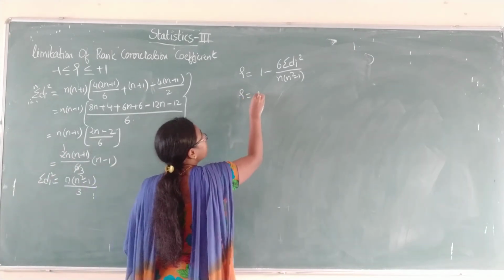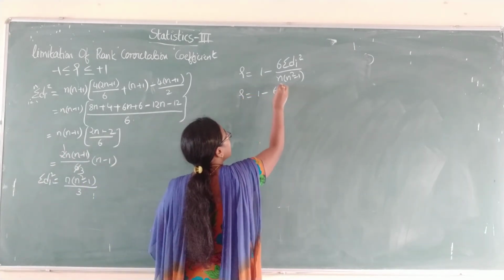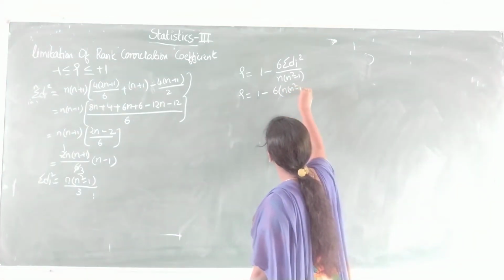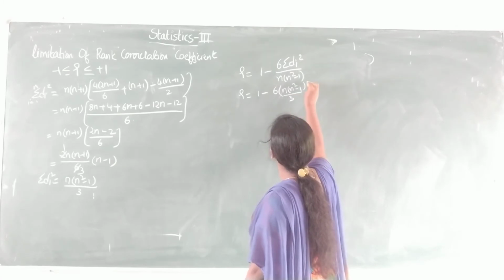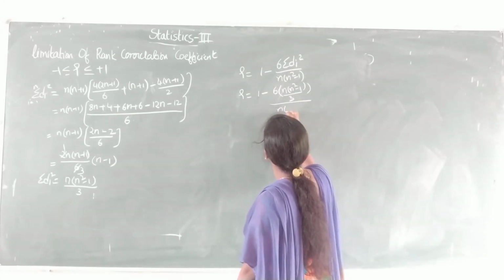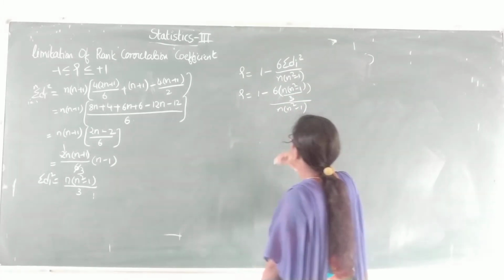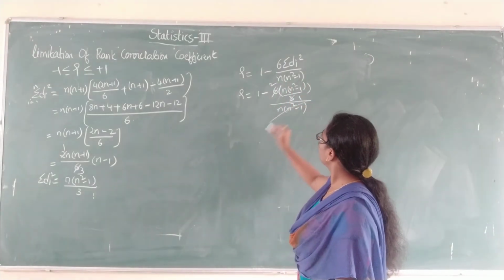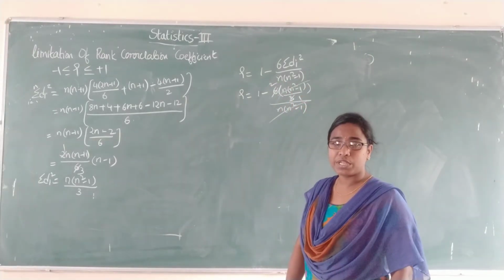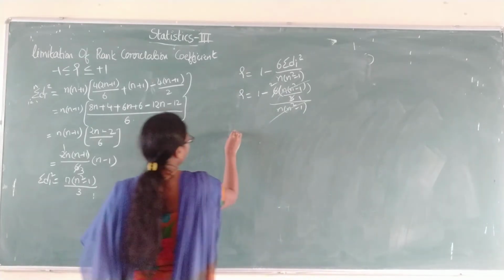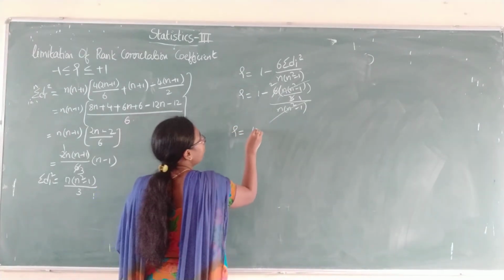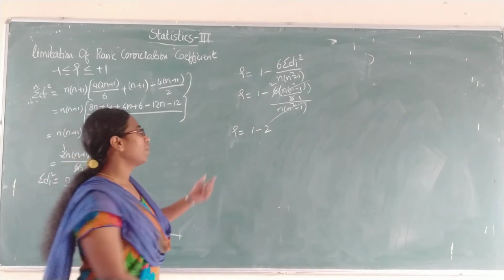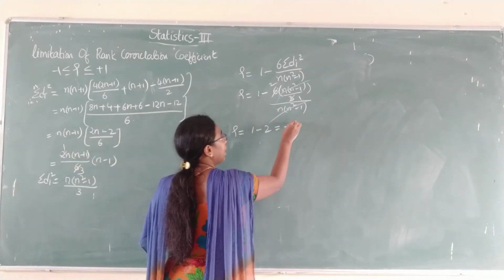Rho equals 1 minus 6 into, n into n square minus 1 by 3, by n into n square minus 1. So 3 1s are 3, 3 2s are 6, and n into n square minus 1 cancels with n into n square minus 1. Therefore, rho equals 1 minus 2. What is 1 minus 2? 1 minus 2 is nothing but minus 1.